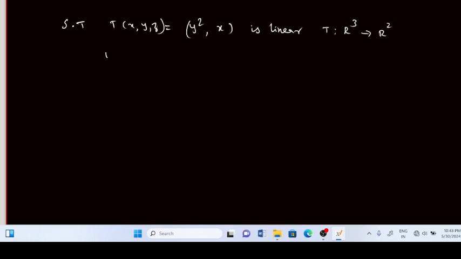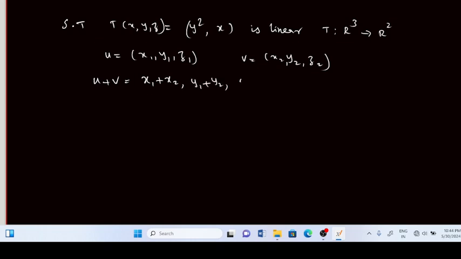So here we consider u is (x1, y1, z1) and v is (x2, y2, z2). Then u plus v, we add these two, we get (x1 plus x2, y1 plus y2, z1 plus z2). Now we find T of u.